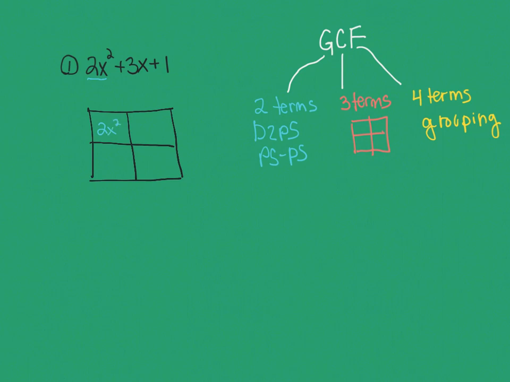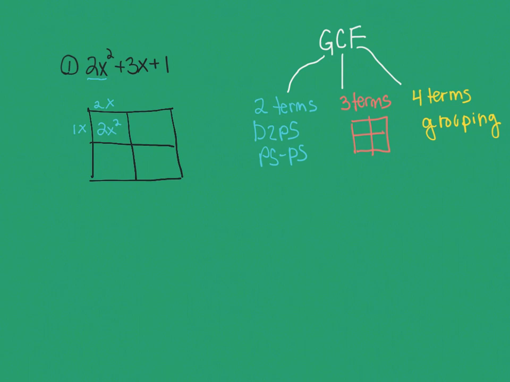The x squared can only be x times x, and 2 only has one pair of factors, 1x and 2x. So I'm going to leave one of these as 1x and make one of these 2x. Okay, so I have the factors of that there.